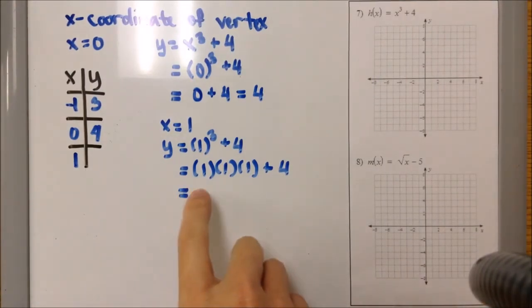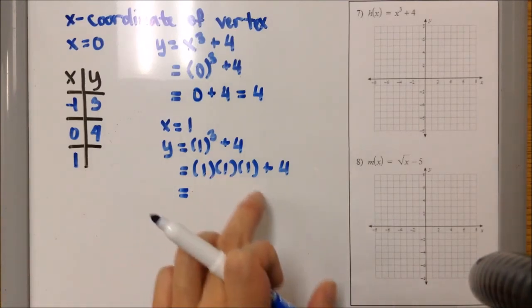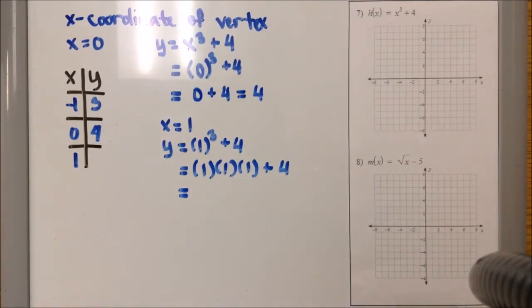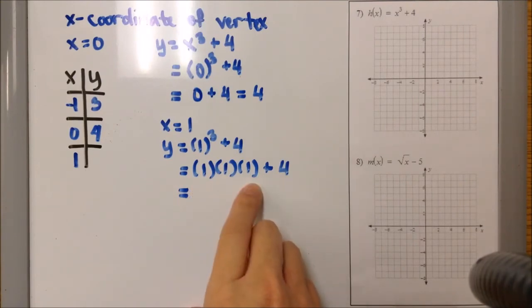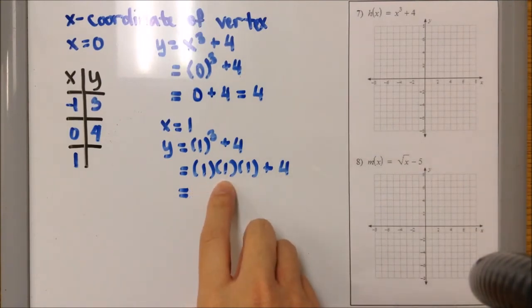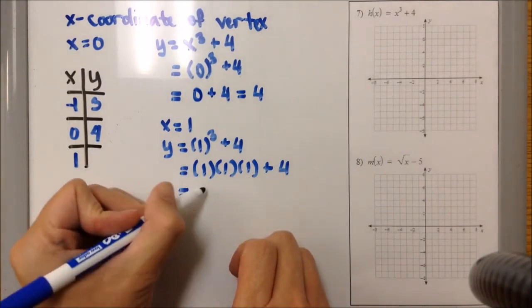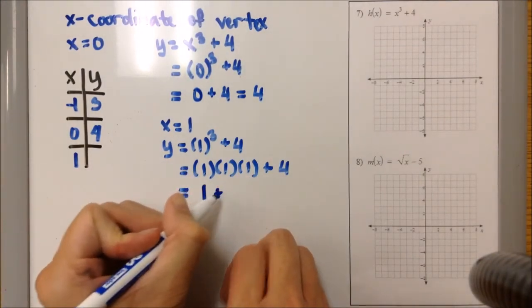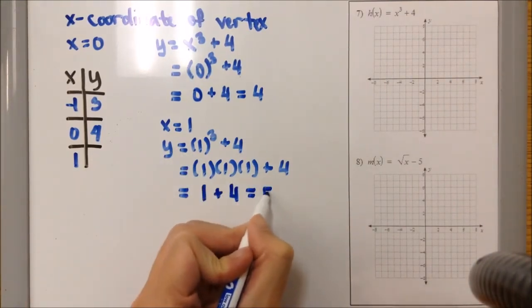This will help you out visually. So I see myself multiplying the 1s 3 times, so I don't want to get confused with square. So I'm going to say to myself 1 times 1 times 1. So 1 times 1 is just 1. And then times 1 again is just 1. And then plus 4, which is 5.